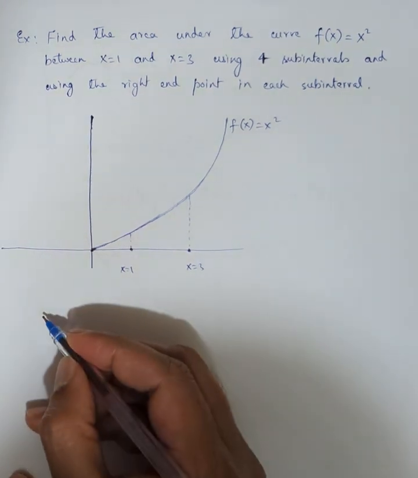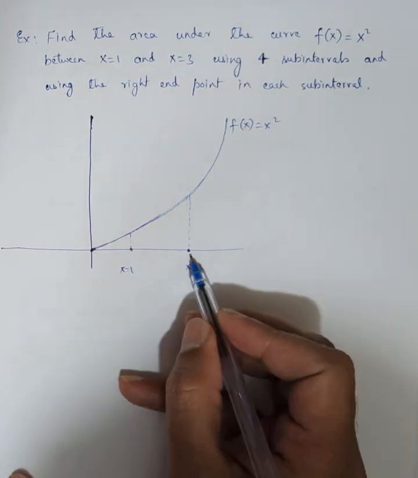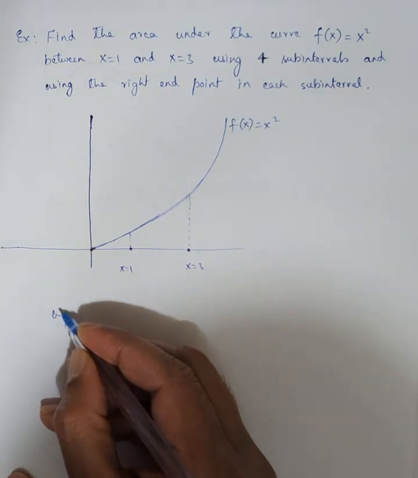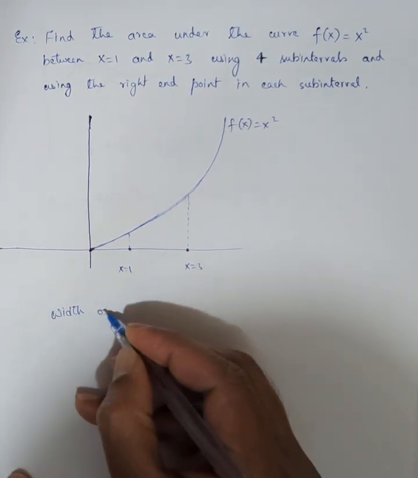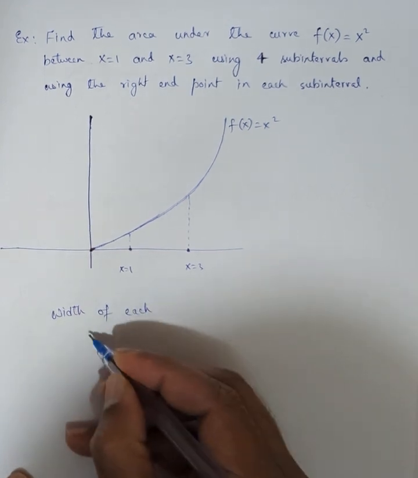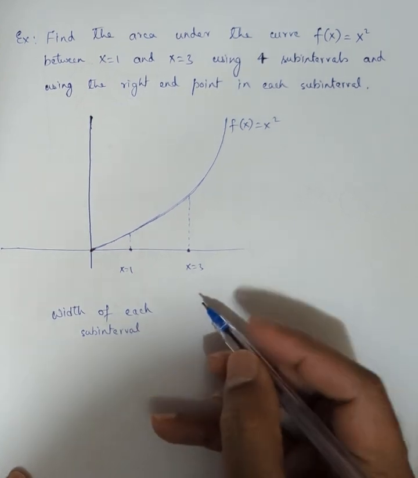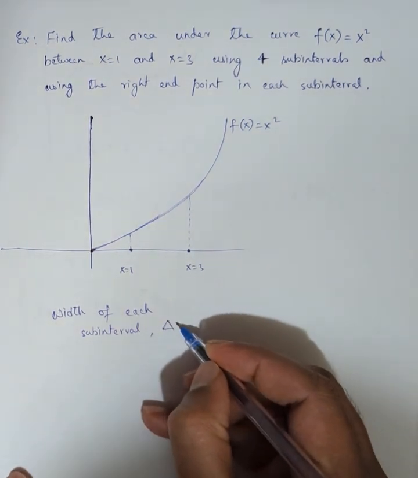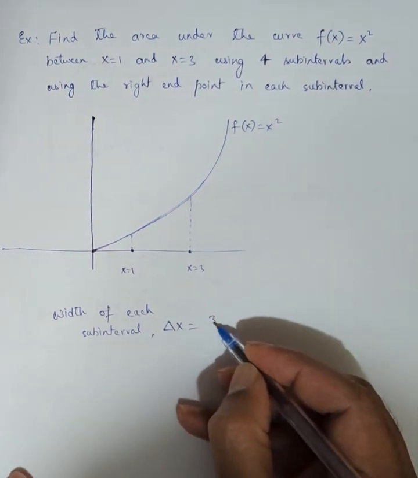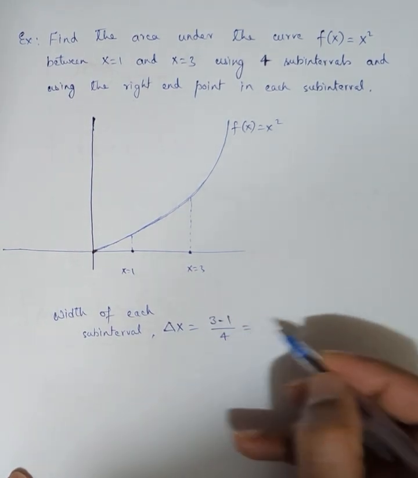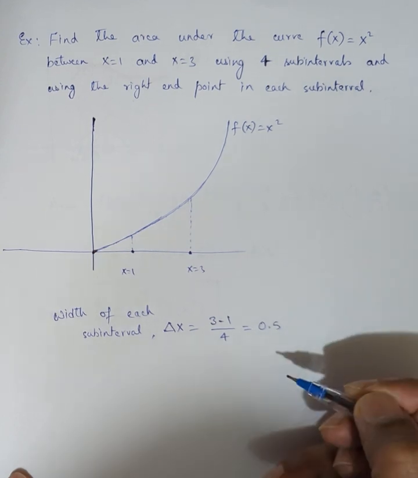Now, since n is equal to 4, we have to split this into 4 subintervals. So the width of each subinterval, sometimes denoted by delta x, is 3 minus 1 divided by 4, and that's 2 over 4, which is 0.5.